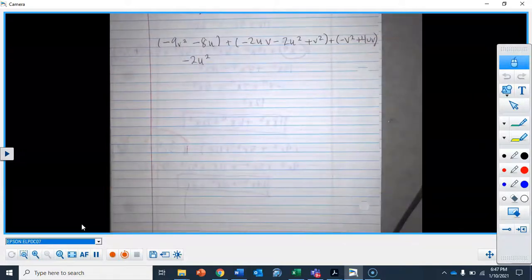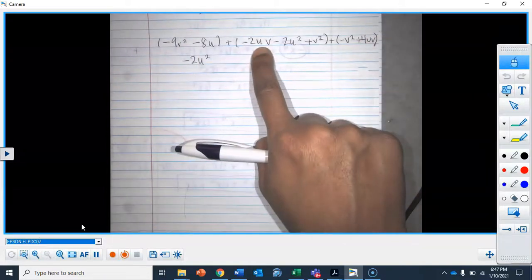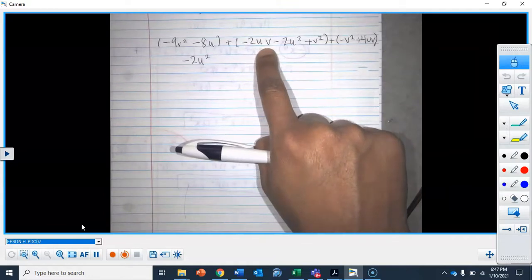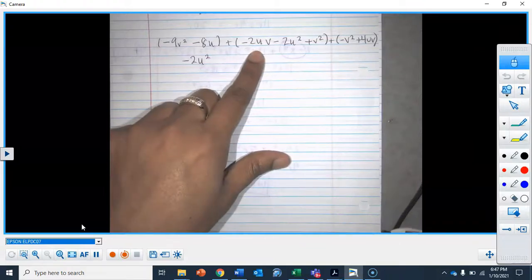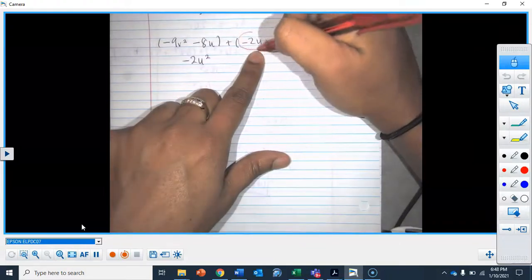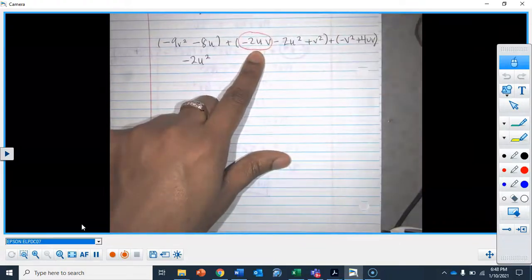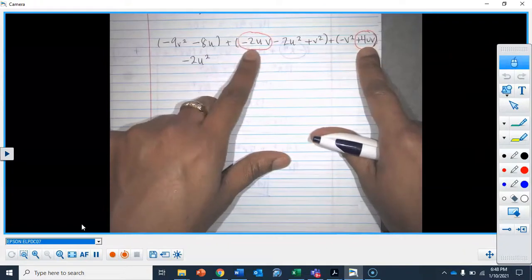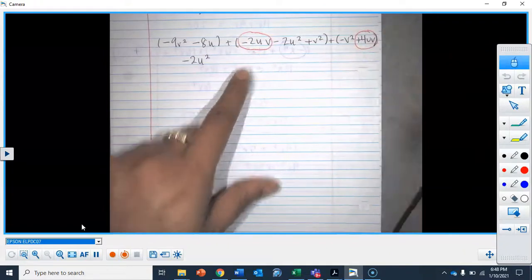And then, of course, we're going to look at the UV variables because U and V are together. So there's one of this type, and then there is another one over here. So we're going to combine those two. And again, 4 minus 2 is a positive 2 UV.